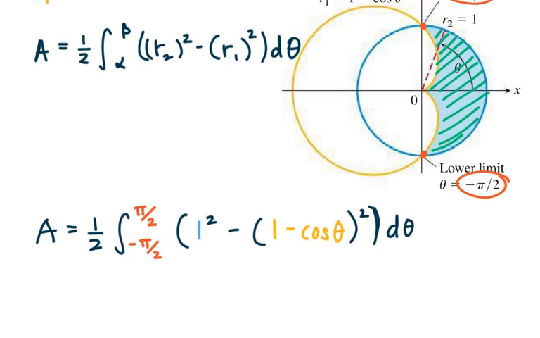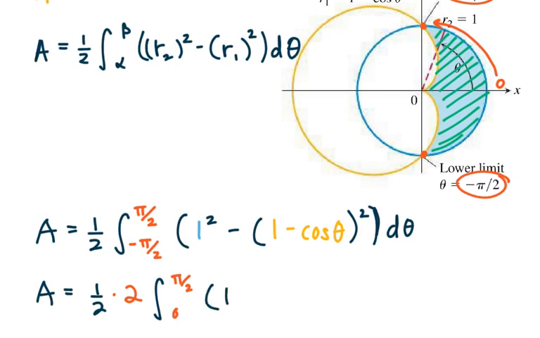One thing we can notice is this region is symmetric. So I can just take my bounds from 0 to pi over 2 and then double it. So area equals 1/2 times 2, the integral from 0 to pi over 2. You don't have to do this, it just simplifies our calculation at the end.